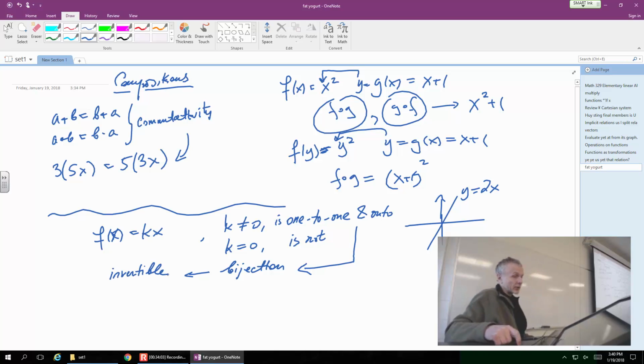So functions that are bijections, they are one to one onto, are invertible. In other words, they have inverses. So k equals 0 naturally does not have the inverse because it's just a constant function. But the rest of them do. And let's see how it works out. It's so easy in the linear case. y equal kx. What's the inverse?